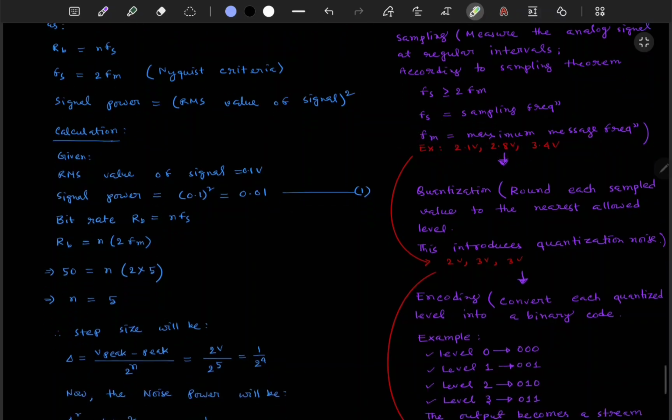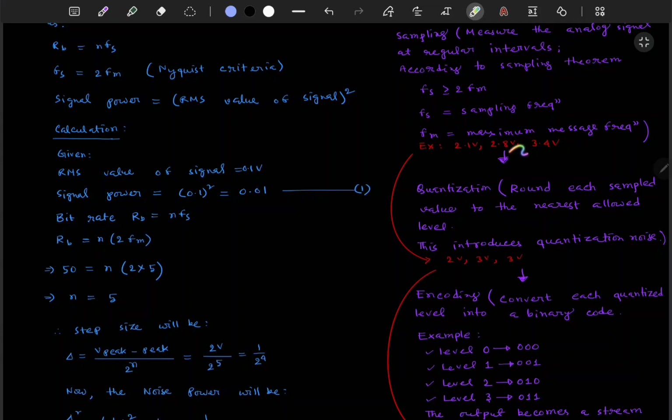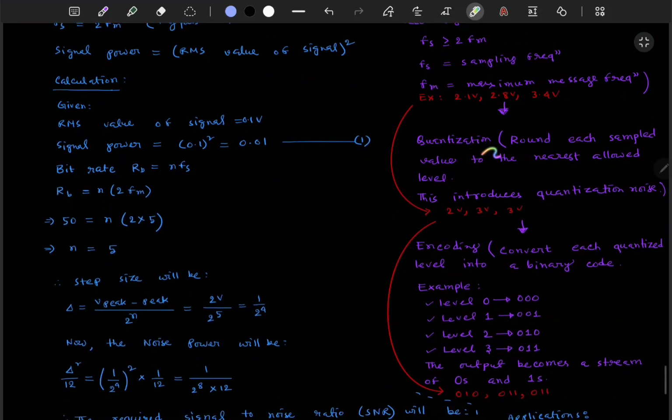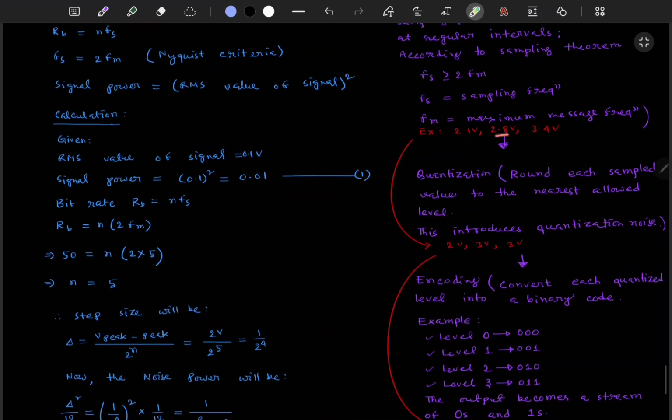For example, 2.1 volt, 2.8 volt, and 3.8 volt are there. Quantization rounds each sampled value to the nearest allowed level. This introduces quantization noise. After sampling, suppose after some interval we have seen these amplitudes of the signal.